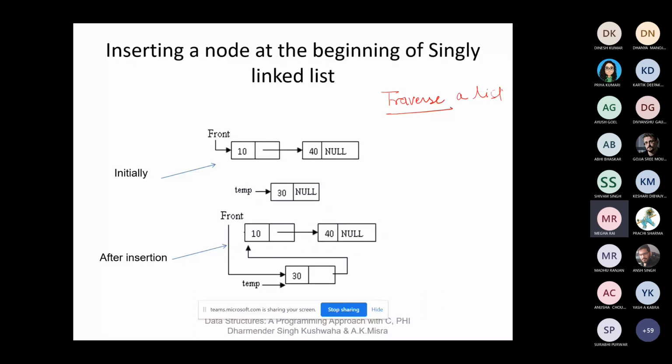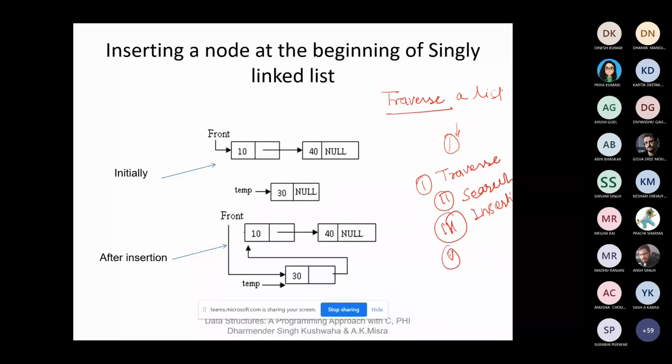What do you do? Traversal means, like I have already told you, there are 4 operations on each data structure. One is traverse, second is the search operation, third is insertion, and the fourth is the deletion operation.